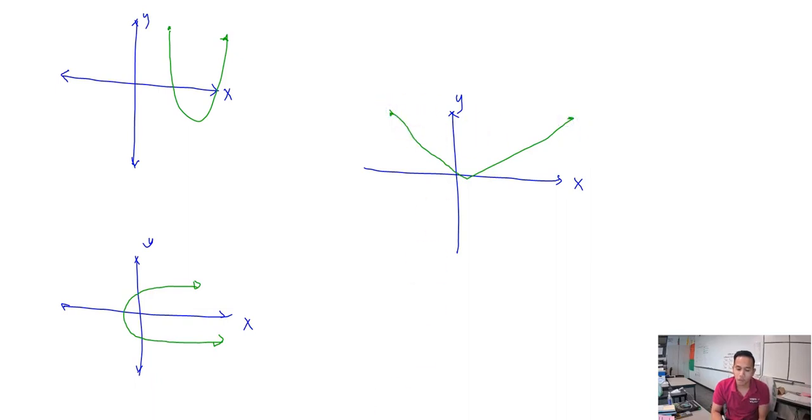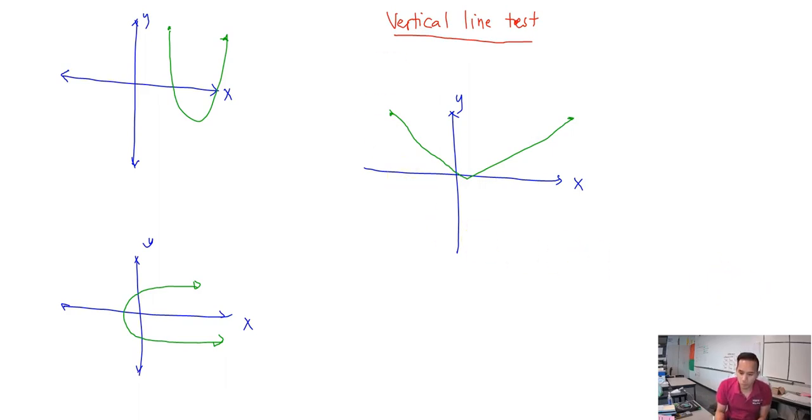Now we are going to use what we call the vertical line test. The vertical line test will test if a given graph is a function or not. Of course, we know it's a vertical line, so you just draw a vertical line on the graph.